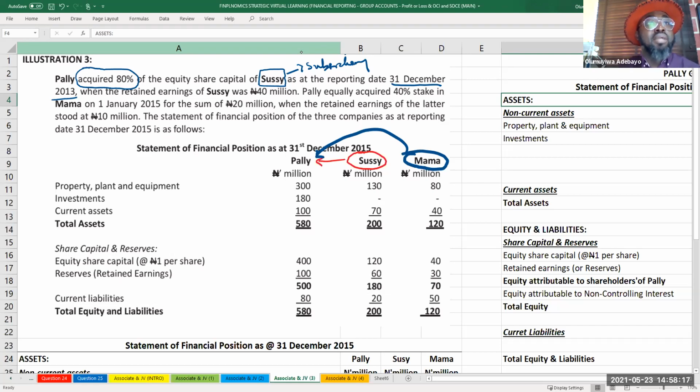Whereas Pali equally acquired a 40% stake in Mama on 1st of January 2015.